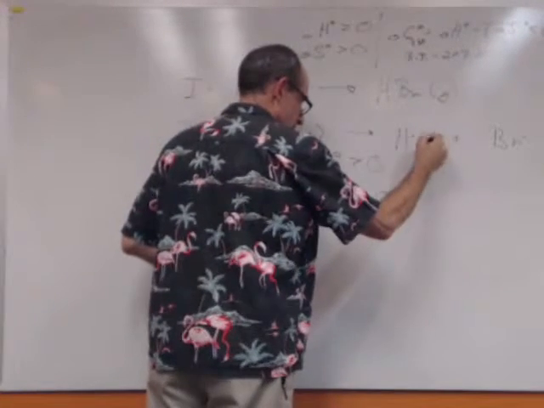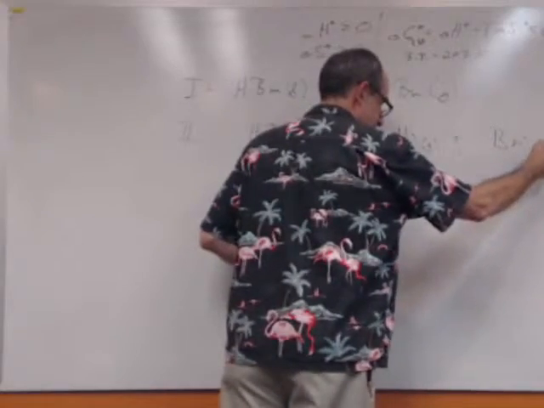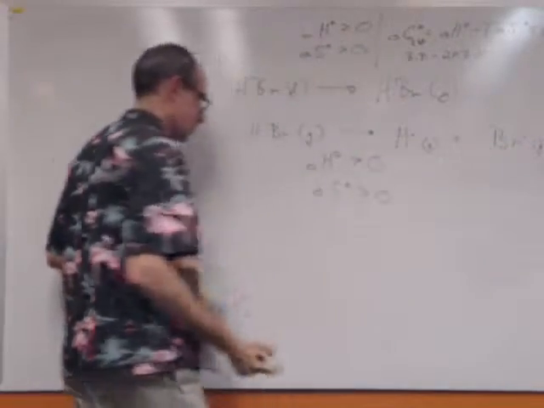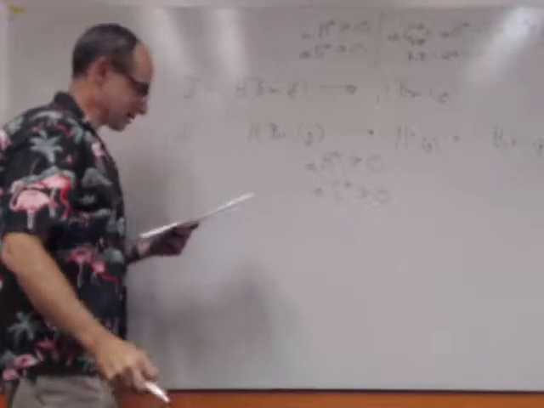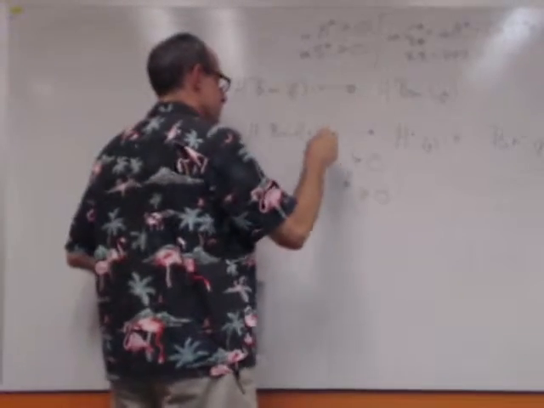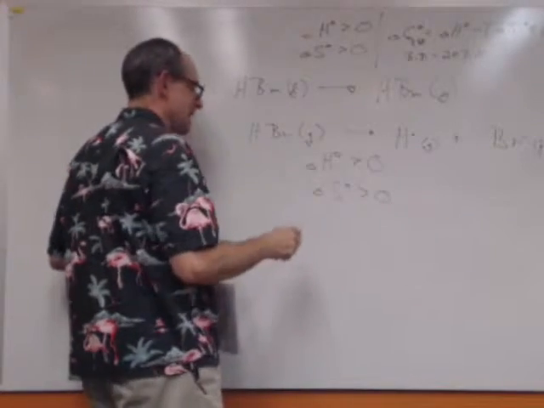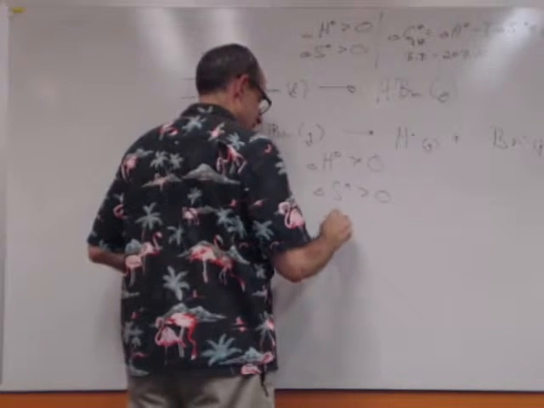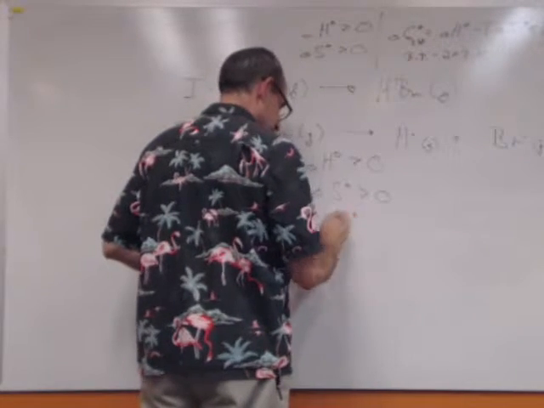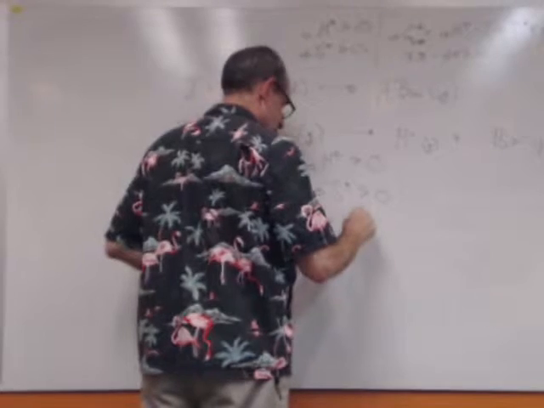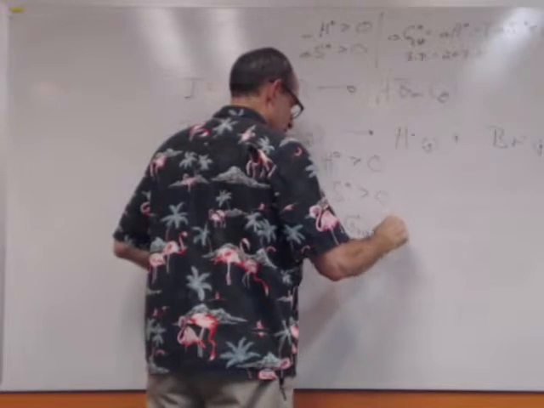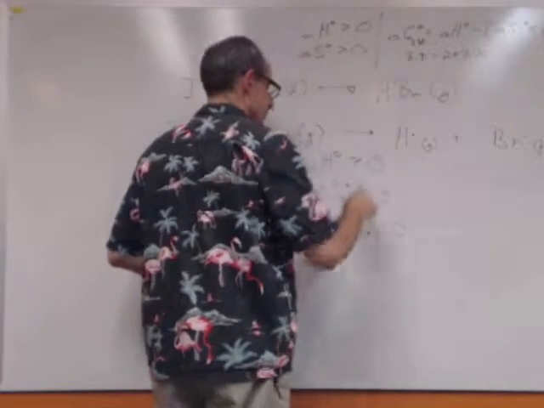We've got 2 moles of gas phase particles that are more disordered than the 1 mole of gas phase particles. In this case, because this does not happen spontaneously at 298 kelvin, delta G naught at 298 would also be positive.